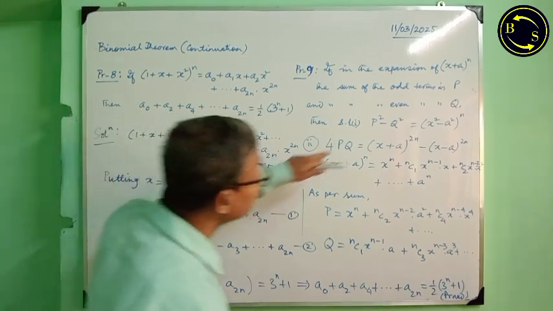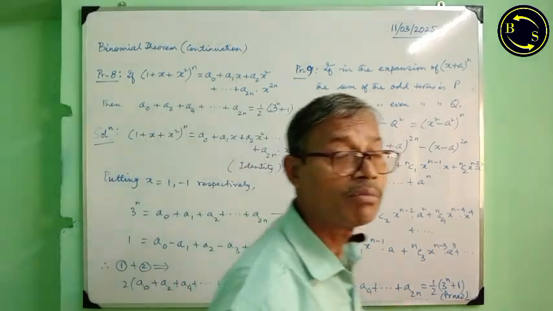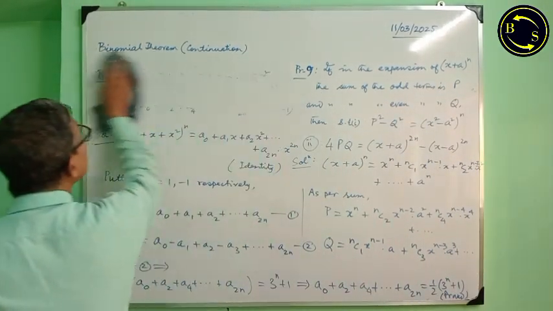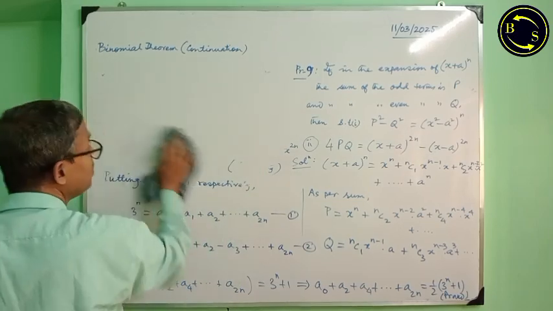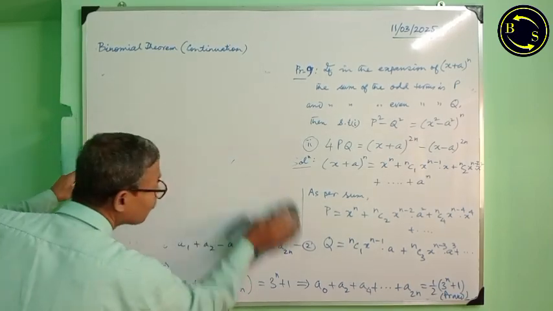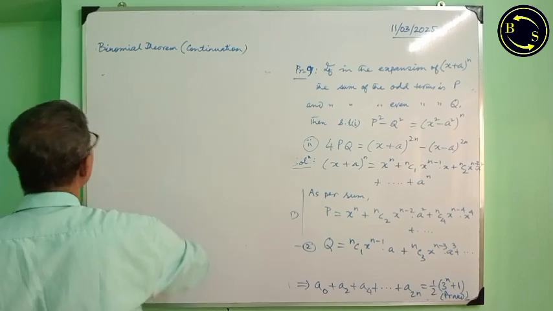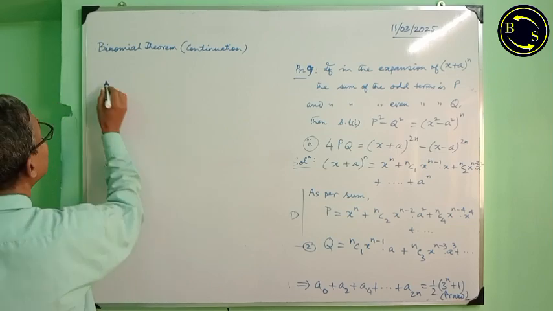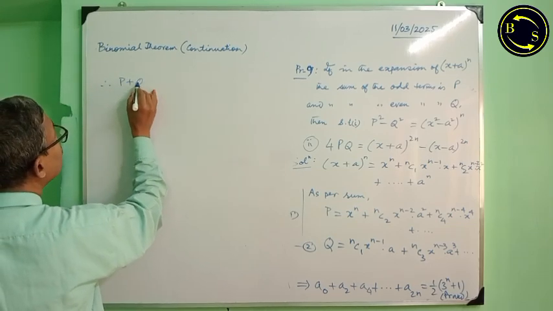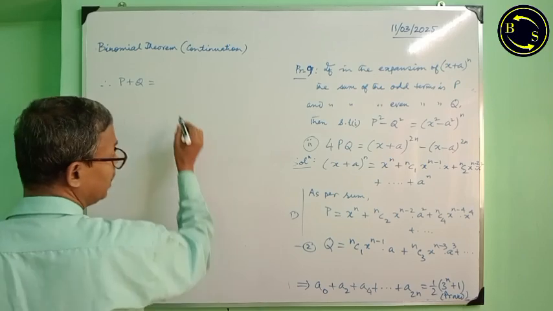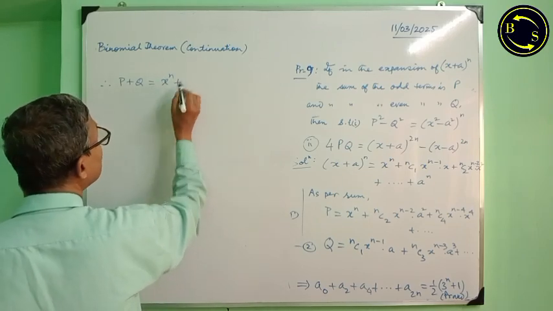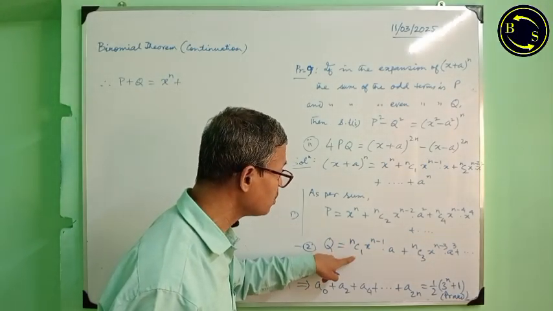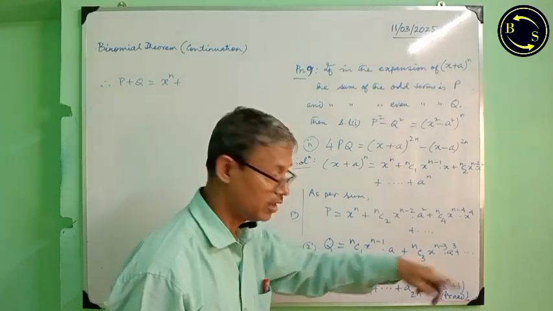Now we have to prove this one first, and p square minus q square means p plus q into p minus q. That is why we first calculate p plus q and then p minus q. Therefore, p plus q, x to the power n, I am writing in arranged form, x to the power n plus this, then plus this, then plus this, like this.